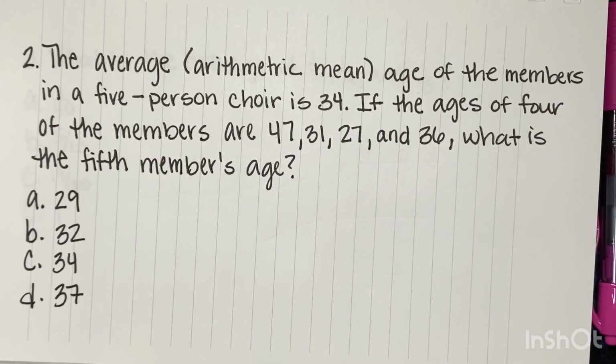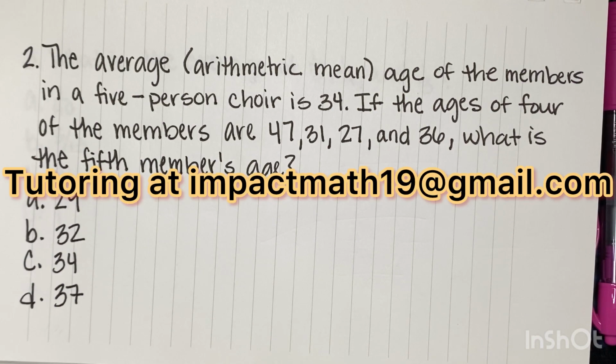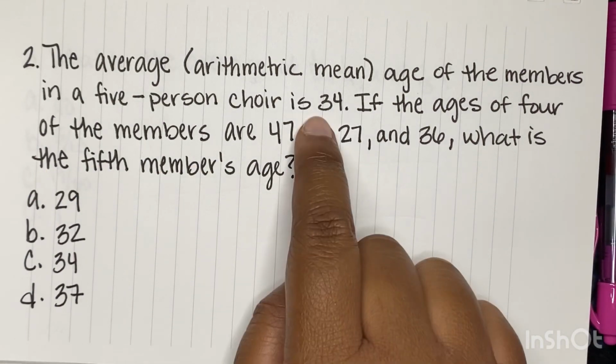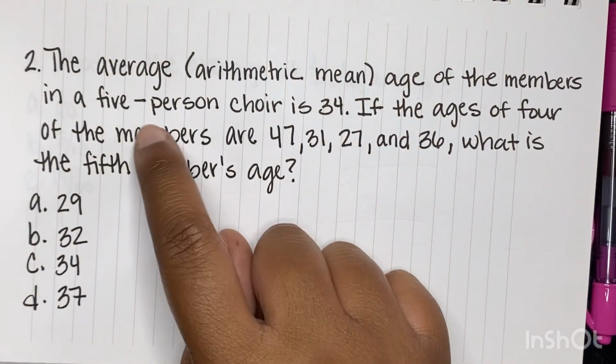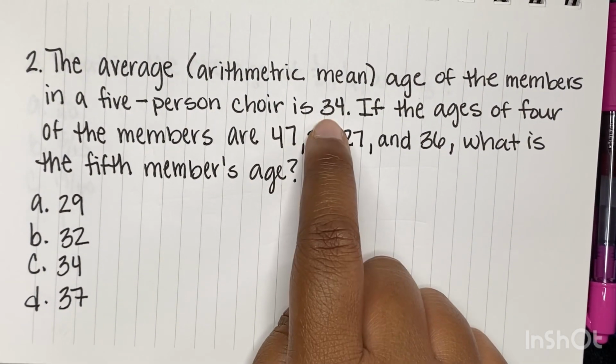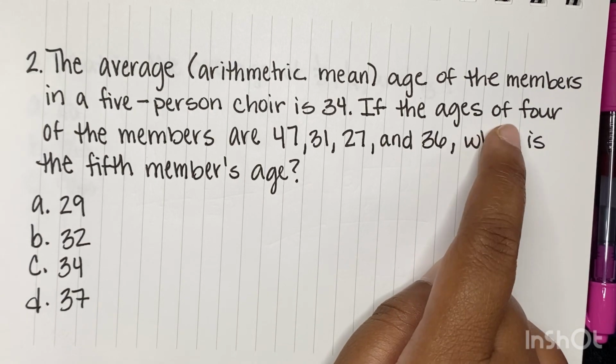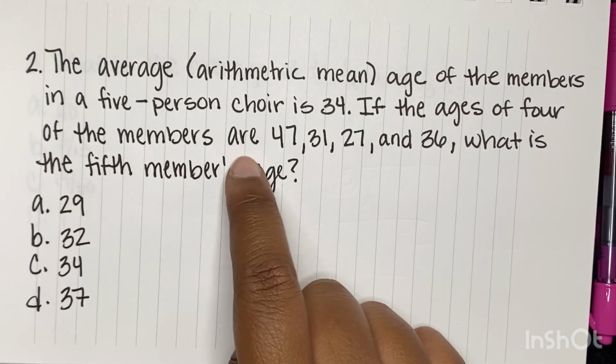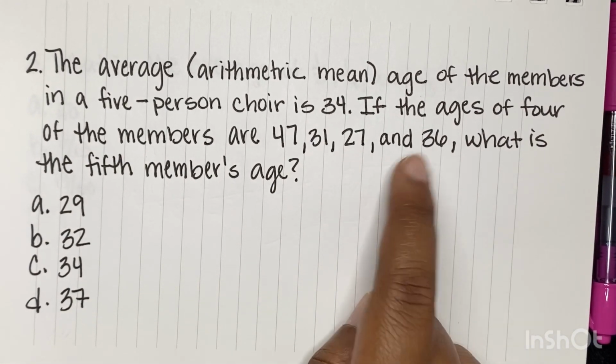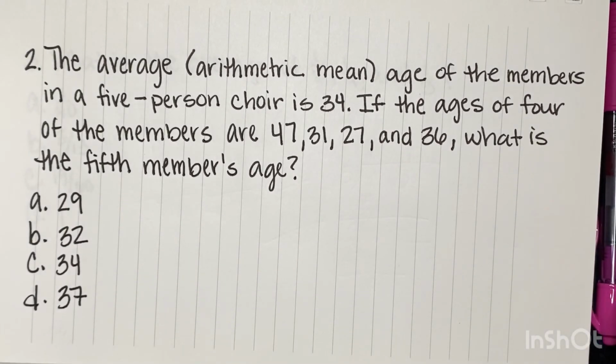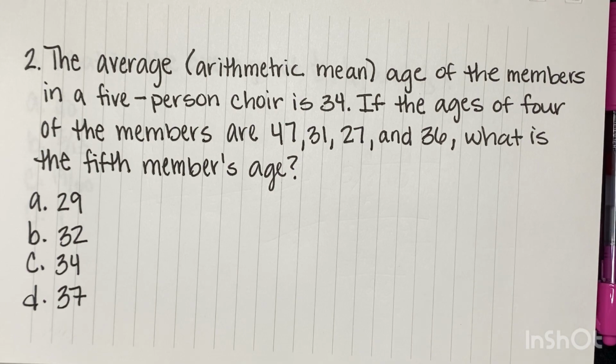The average arithmetic mean age of the members in a 5-person choir is 34. So they gave us the average for a 5-person choir is 34. If the ages of 4 of the members are 47, 31, 27, and 36, what is the 5th member's age? Remember, for average you're adding up.